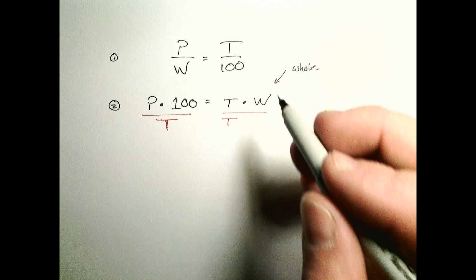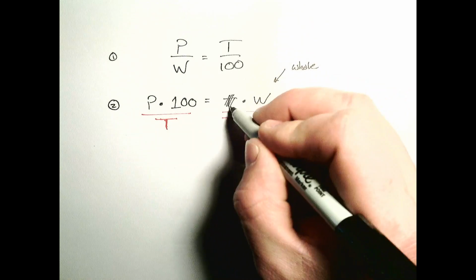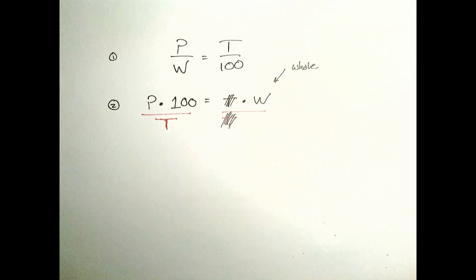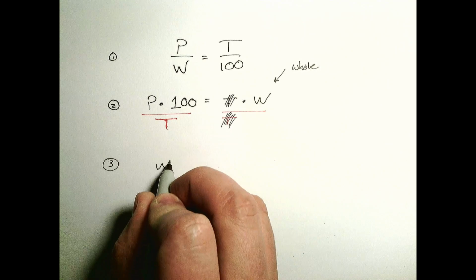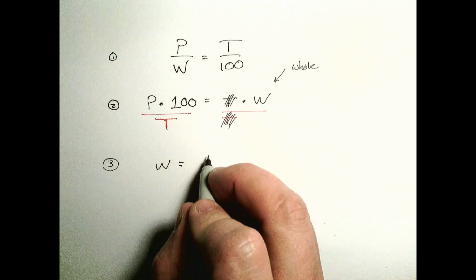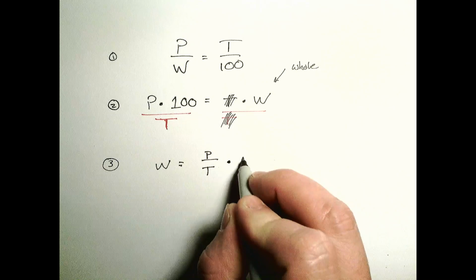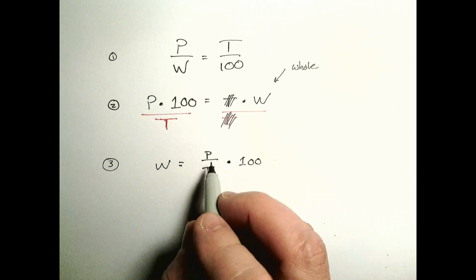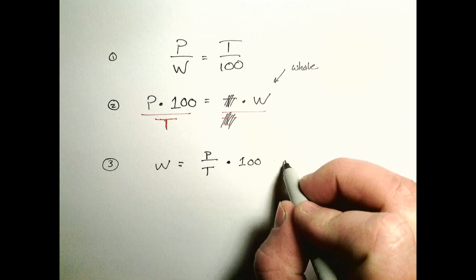Now what happens to my T's over here? They cross out. I'm left with W equals, and I'm going to simplify this for you, P over T times 100. There's my equation for whole.